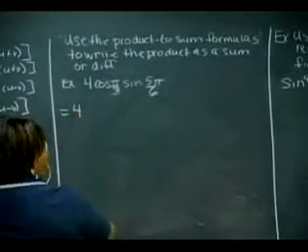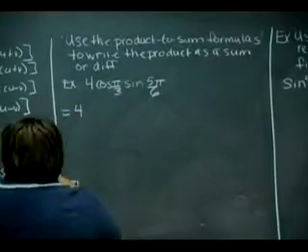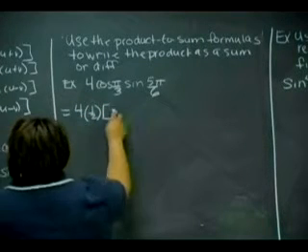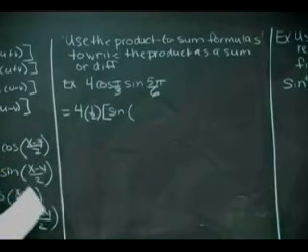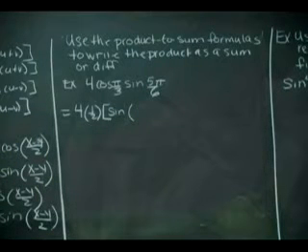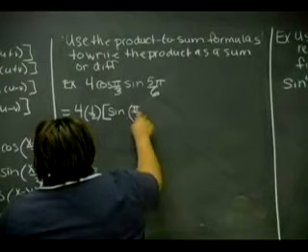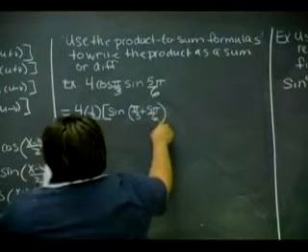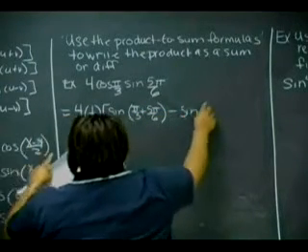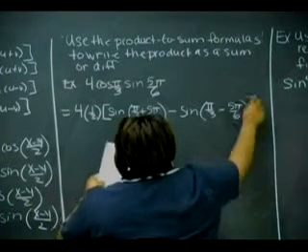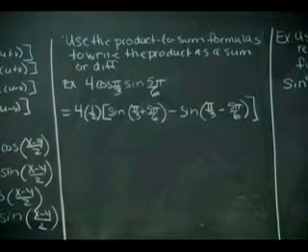We still have this 4 out there, but this formula says we have 1/2 times sine of the sum of those, pi over 3 plus 5 pi over 6, minus sine of pi over 3 minus 5 pi over 6.